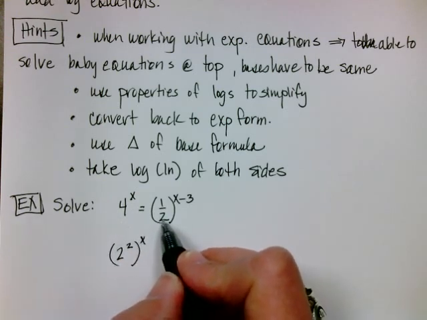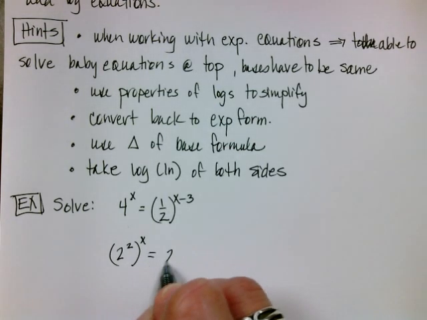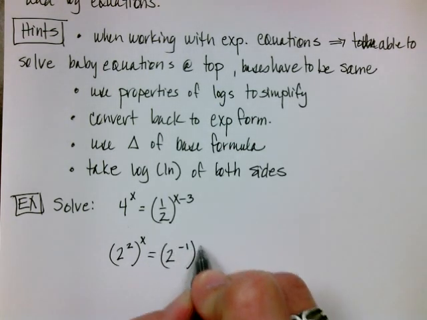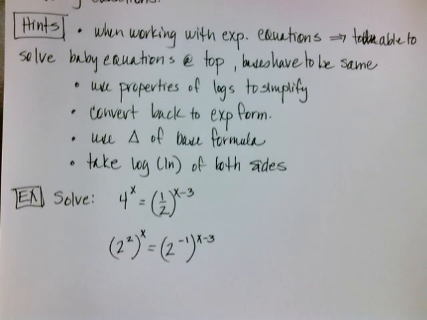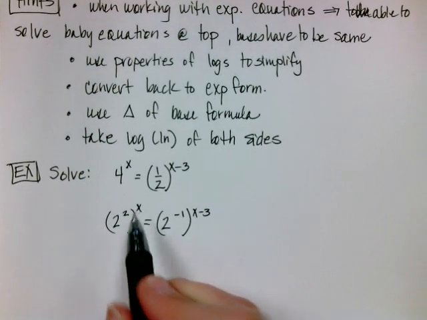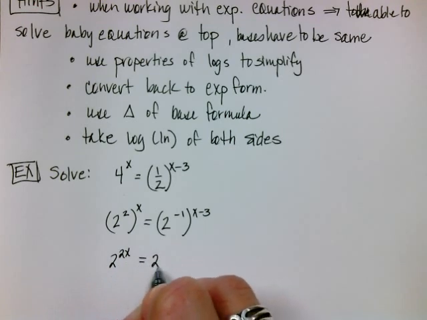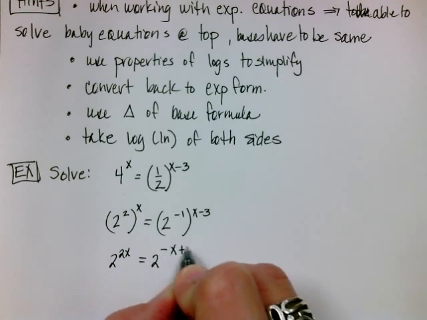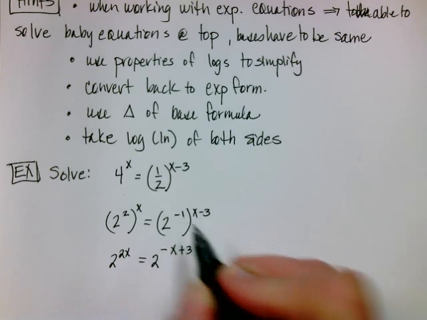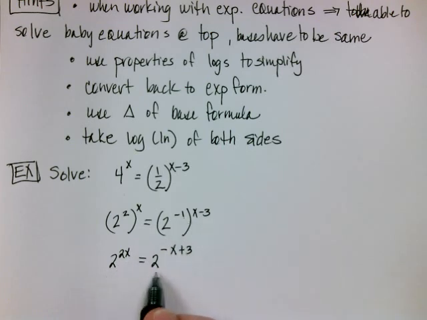I'm going to move this 2 to the top by raising it to a -1, and then I have x minus 3. A power to a power is multiply, so I get 2 to the 2x is equal to 2 to the -x plus 3. I distributed that -1. Now my bases are the same.